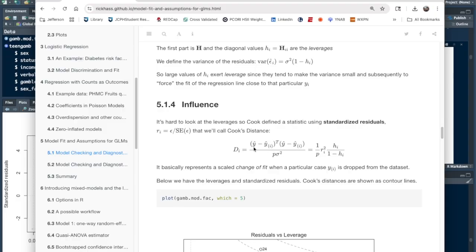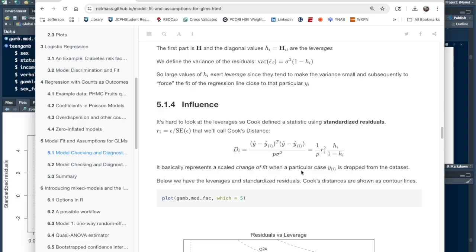Essentially, the distance value for each Y is the squared difference in model predictions between a model with that value and a model without it. In ordinary linear regression, you can compute that using the leverages and the squared standardized residuals. So this basically represents a change of the fit if you drop a particular case from the data set.